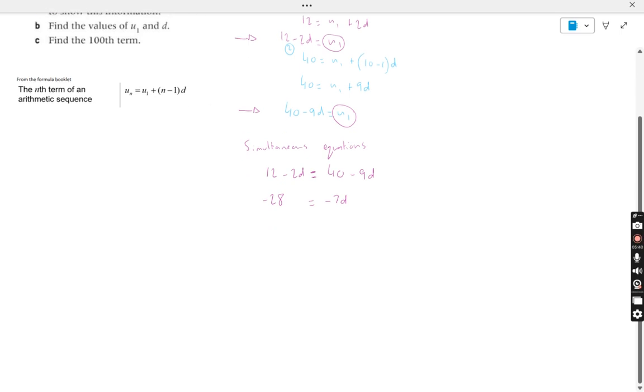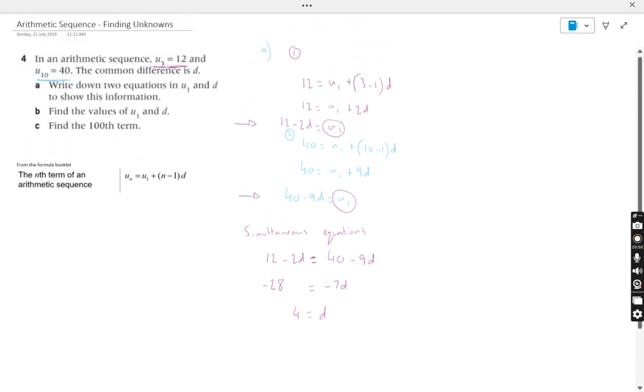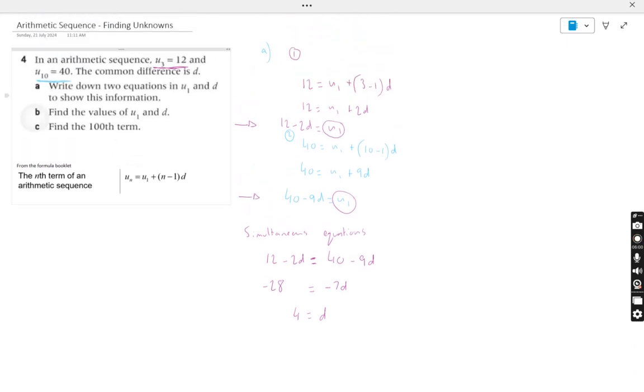So we're just solving a linear equation here. And now let's divide both sides by negative 7. So negative 28 divided by negative 7 is positive 4. So 4 equals D.